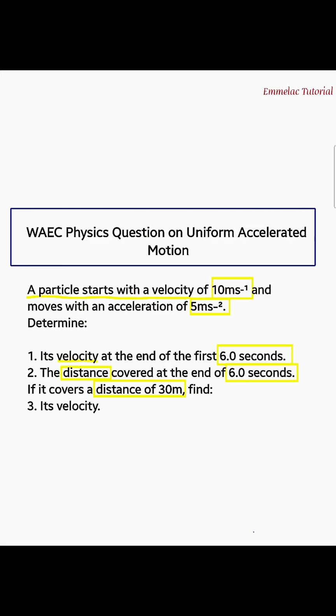Okay, so how do you go about it? Let's get started. Whenever you encounter physics questions like this, the first thing you need to do is to write out the parameters. So what are the parameters? First of all, we have the initial velocity, which is u, equals 10 meters per second.